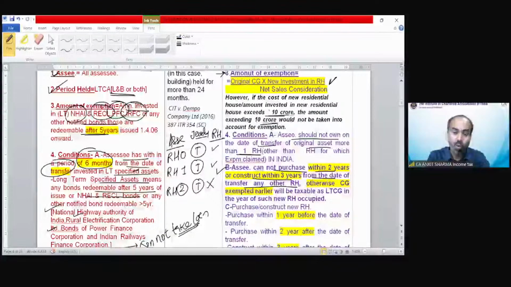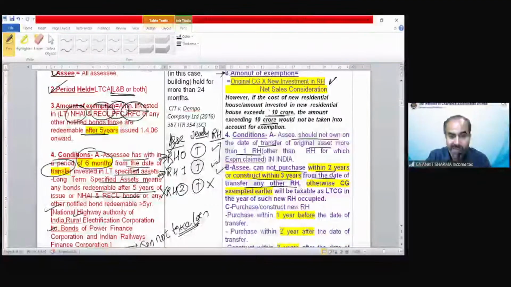That means once you have claimed this exemption under section 54, whether in this case you claim this exemption or in this case you have claimed this exemption, in this case not exempted. So if you claim the exemption for purchase or construction of a new house, then after claiming this exemption, for the next 2 years or next 3 years, you cannot purchase any new residential house and you cannot construct any residential house.